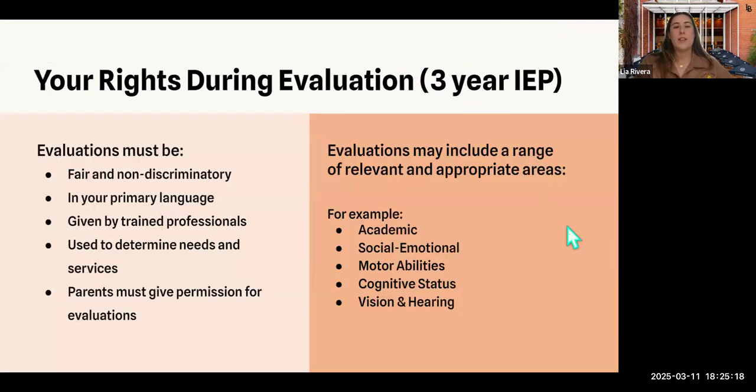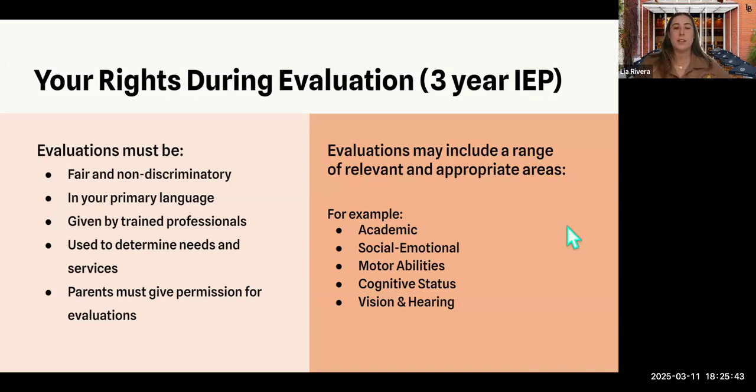Okay. And then on the triennial IEP meeting, all these evaluations should always be fair and in the primary language, given by trained professionals, whether that be the student success team, student support team, school psychologist, or special education case managers. They are always used to determine the needs and services.